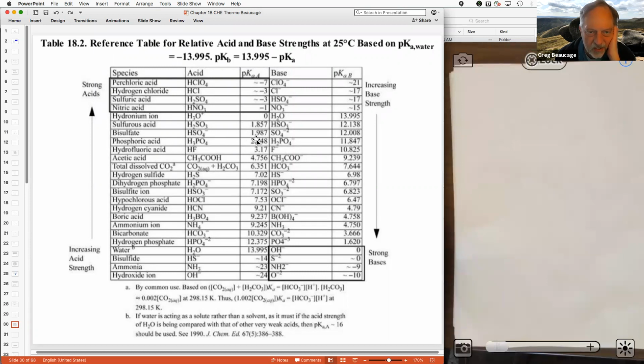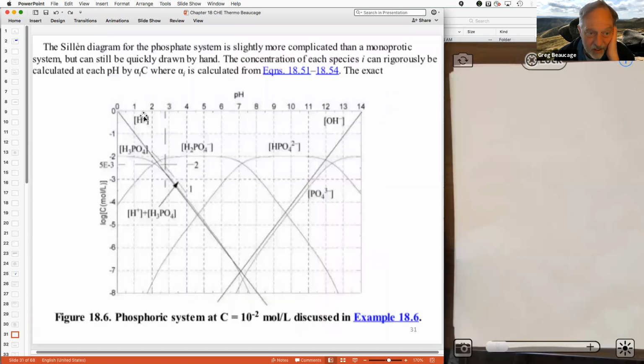Each one has its own pKa, so you have three pKa's, which means you're going to have three crossing points, each of the three pKa's that you got.